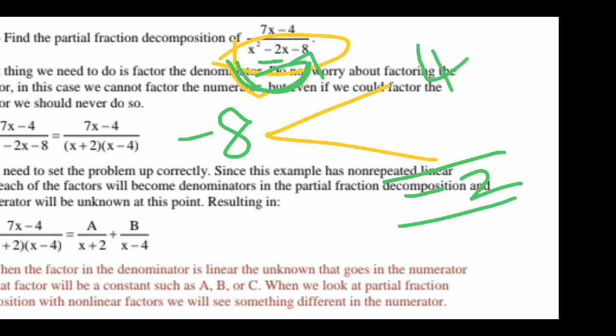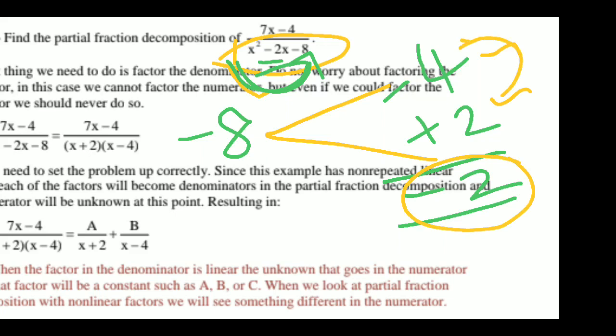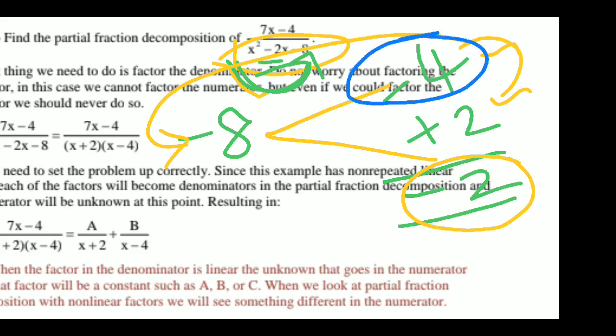Yes, 4 into 2 is 8, but not minus 8. So put minus 4 and plus 2, so that minus 4 plus 2 becomes minus 2, as well as the multiplication of these two terms gives minus 8. Now after factorizing, one factor is x minus 4, another one is x plus 2.